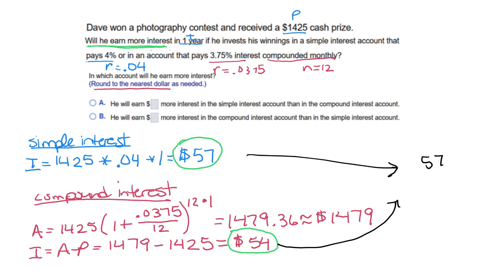So 57 minus 54 will give you $3 more interest on the simple interest account. So we are going to choose option A. He will earn $3 more in the simple interest account than on the compound interest account. So choose answer A.